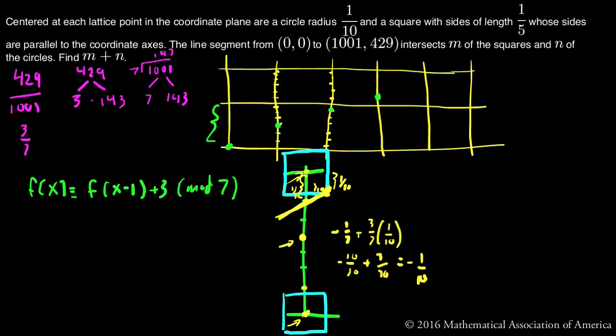And since the circle is inscribed in that square, it has radius 1/10, so it doesn't get all the way to the corners. It won't hit the circle for either of these. I have 3 out of every 7 of the lattice points that I'm passing through intersect squares.